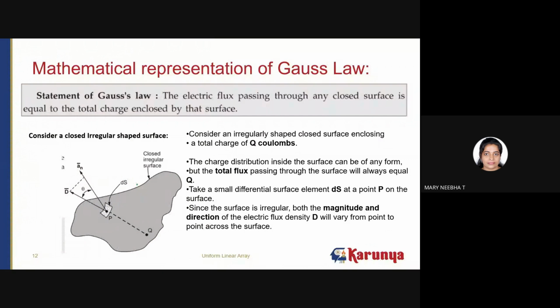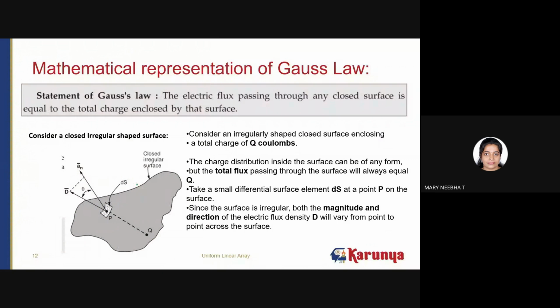We have many applications of this Gauss law. We can find the electric flux lines and flux density. Flux density is represented by D, right? And electric field intensity is represented by E. The relation between D and E is D equals epsilon E. That you also know, right? This is similar to Coulomb's law. In Coulomb's law application also we found the electric flux lines and field lines.